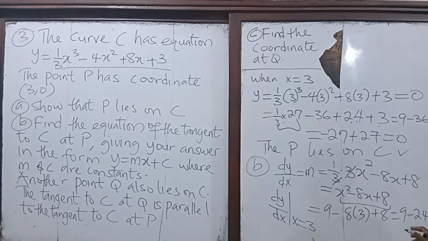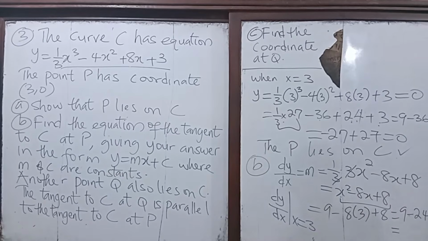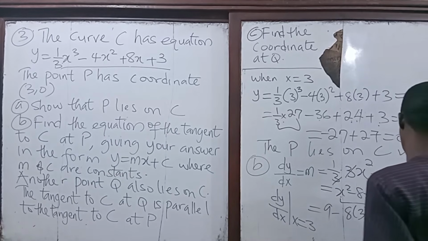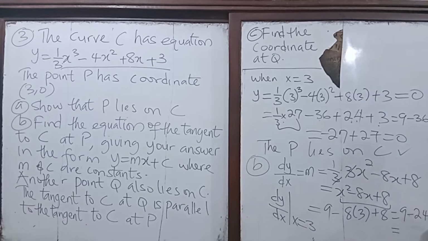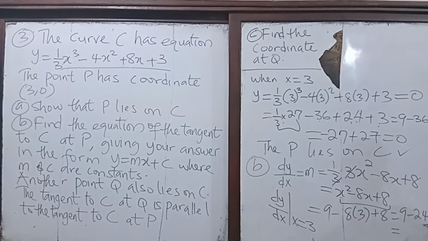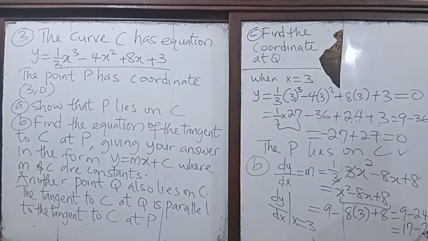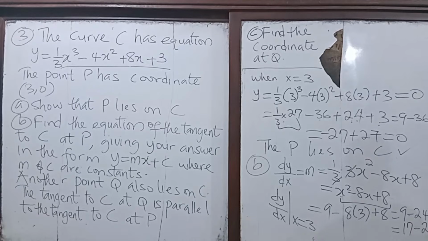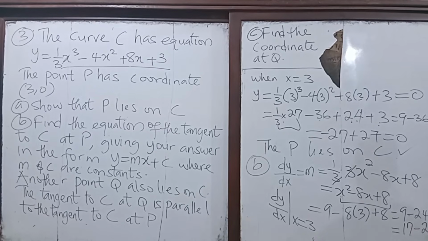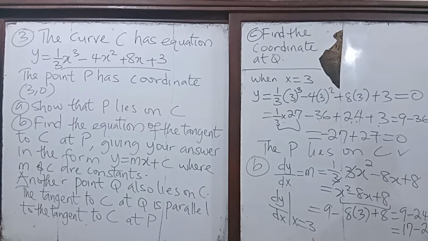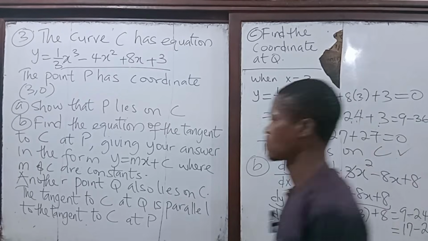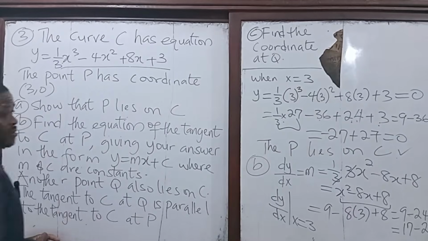So 9 plus 8 is 17, minus 24, and that's equal to minus 7. The gradient is minus 7. You can confirm that.